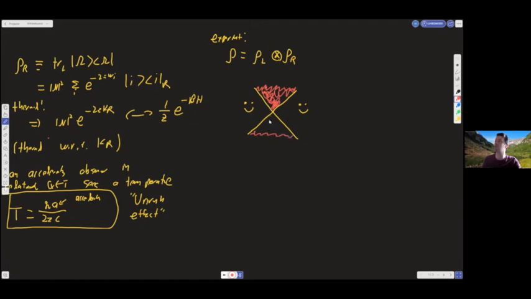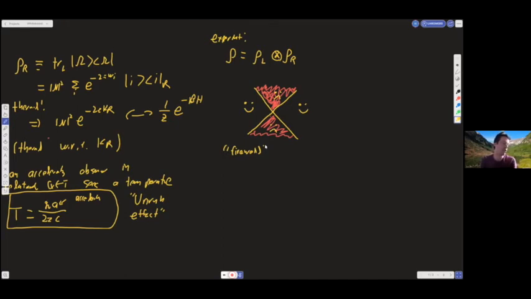So anyone who somehow makes it up into here is unhappy. And similarly, anyone who is somehow down here is very unhappy. And this actually has a name. It's called a firewall. So the lesson is that you really better have that entanglement there.